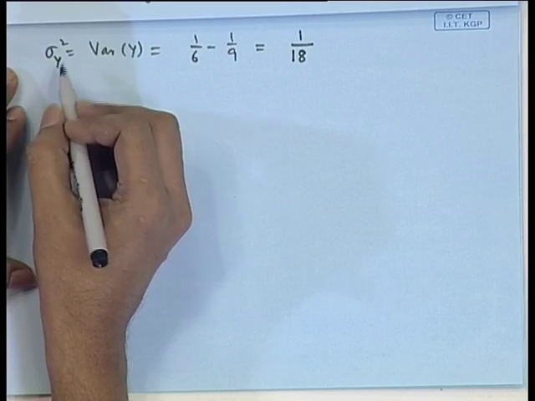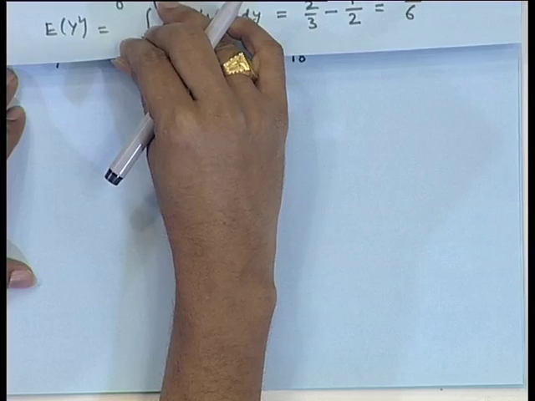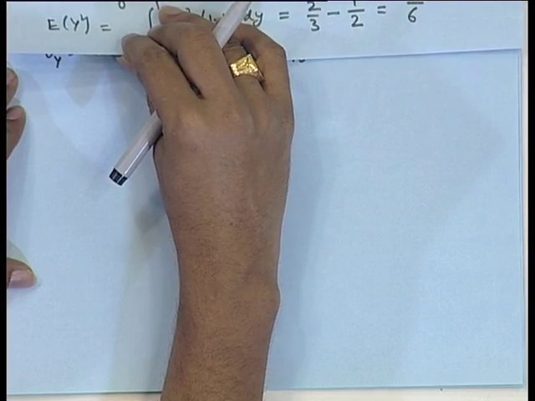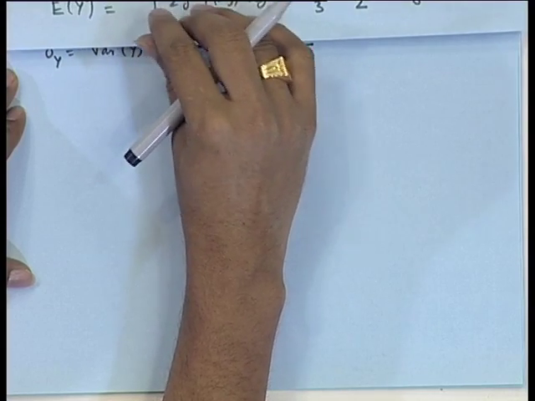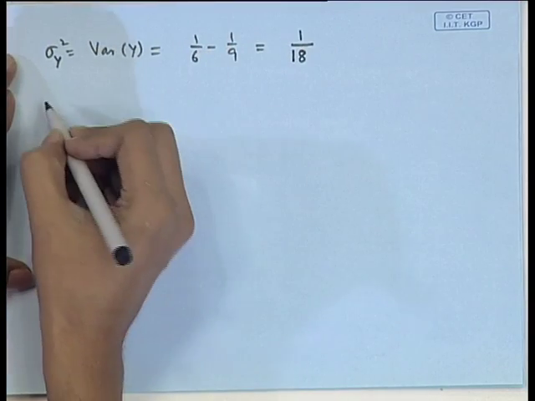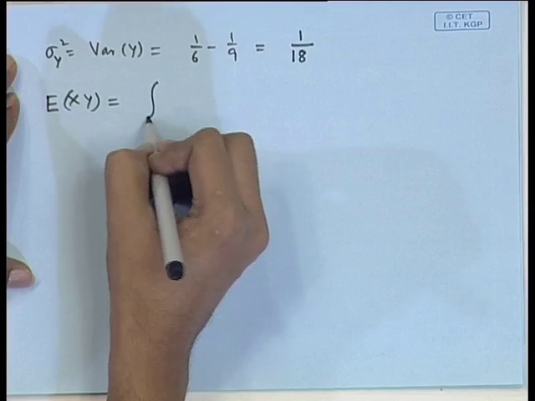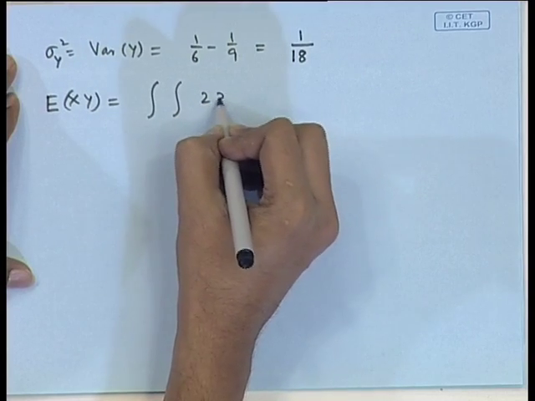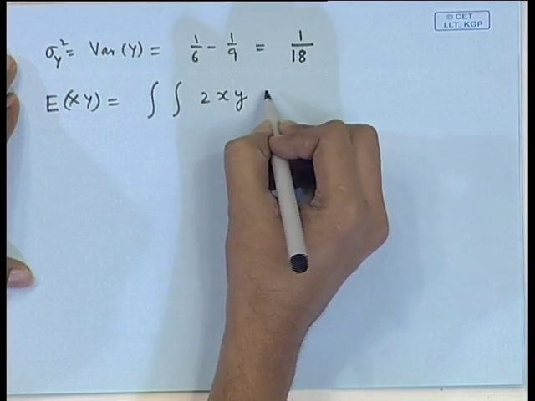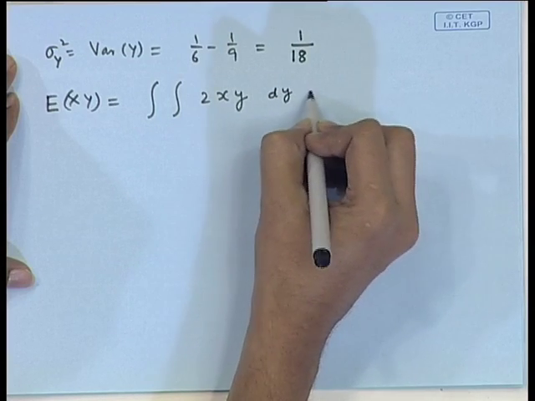Now, we have calculated the means and variances of the random variables x and y. In order to get the correlation coefficient, we need the product moment also. So, expectation of x into y is the integral of 2 x y. Now, here we can choose the order of integration, we may do dy dx.